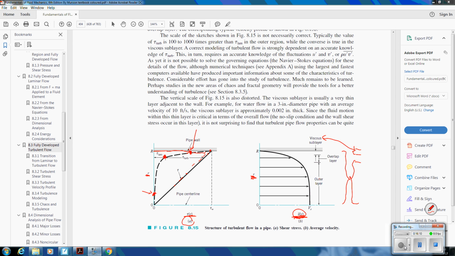Because of the shear stress or the viscosity effect, the gradient here is much higher, and towards the turbulent layer or outer layer, the velocity doesn't change that much.